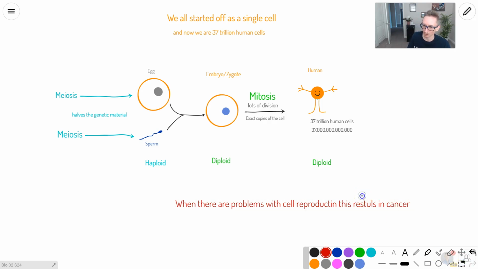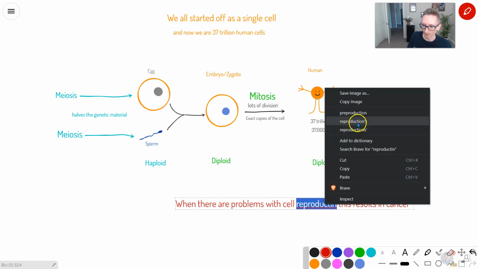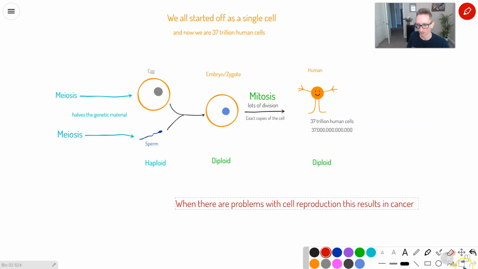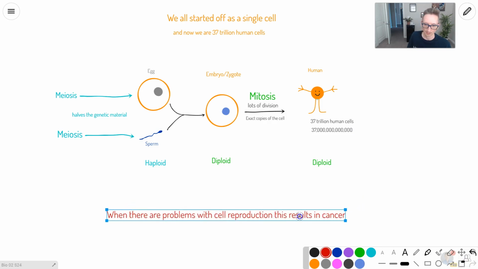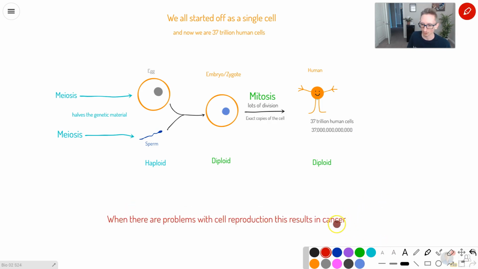Okay, this is just kind of why you should care about any of this. We're talking about how cells do this. We're going to go over cancer all week next week. We're also going to go into details about this right here. Another term for this is a stem cell.